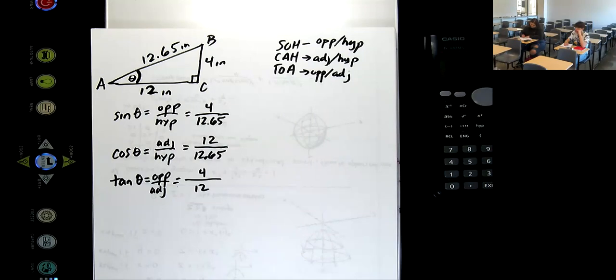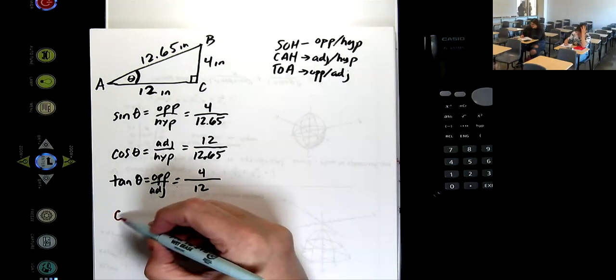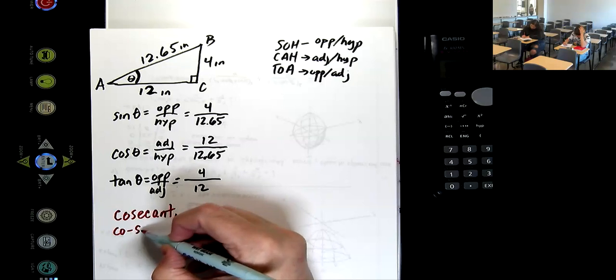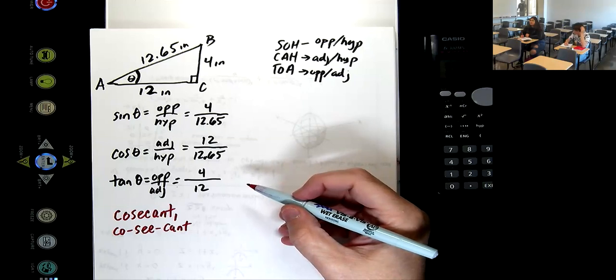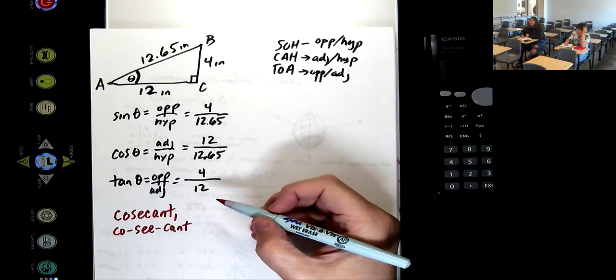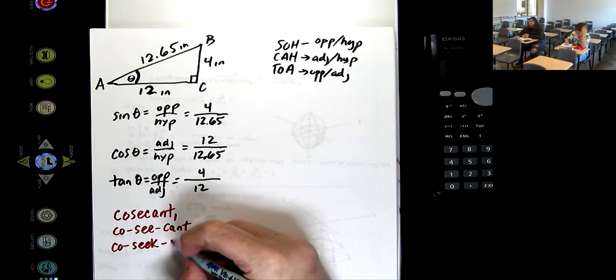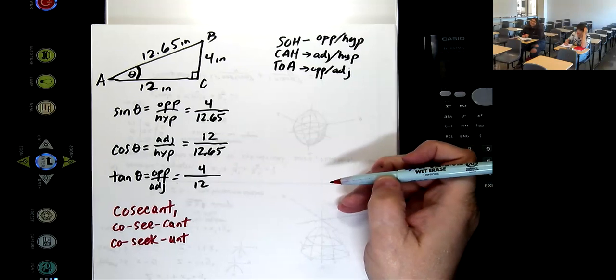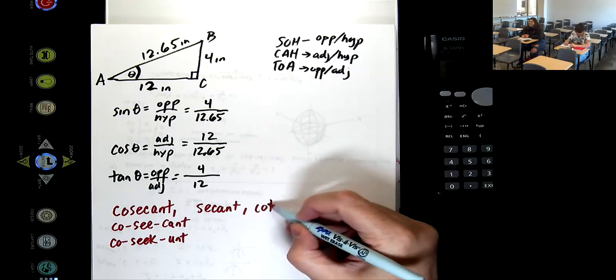Okay, so there are three new functions. They are pronounced cosecant, cosecant, cosecant. Then there's secant. And then there's cotangent.